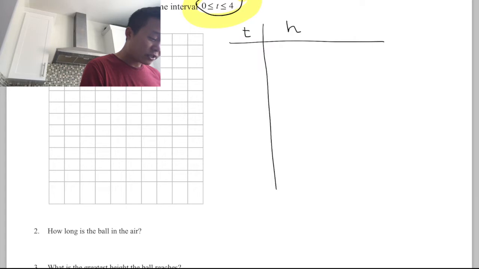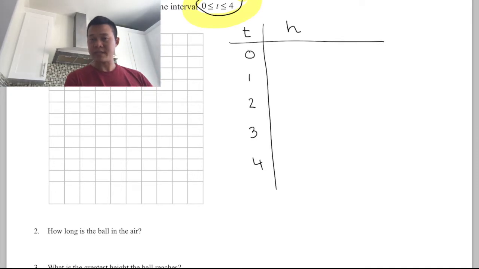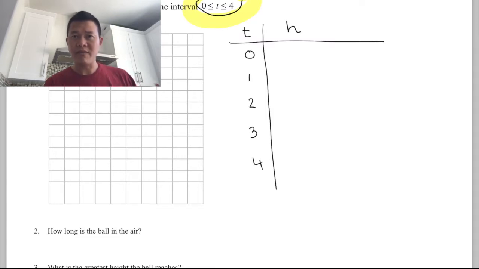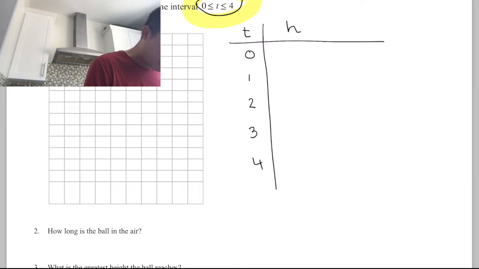And the time, the domain that we're working with for this particular problem, is just from 0 to 4 seconds. So in order to figure out the height of the baseball at any given time, we're going to plug the values into the function. So here is our function, which is our height function. And we're going to plug those values in there.